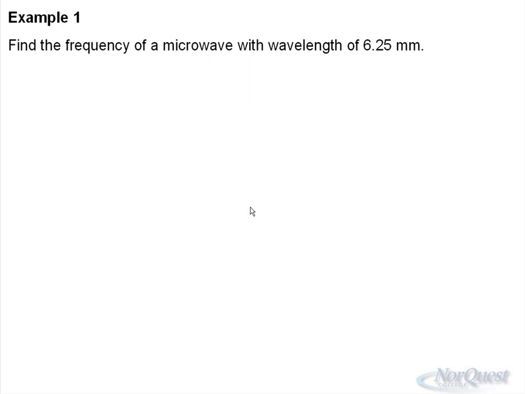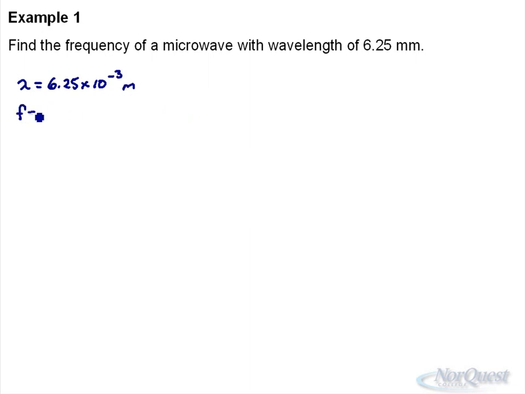Well, let's look at, first of all, a mathematics example. It says find the frequency of a microwave with a wavelength of 6.25 millimeters. So the wavelength is 6.25 times 10 to the negative 3 meters.